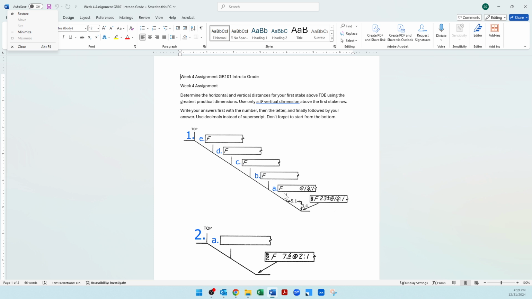That's the horizontal distance to this stake. It's 3.6 vertical right here. Multiply that times 2, you get 7.2. And if you take 3.6 from 7.6, it leaves fill 4. That's all there is to that.